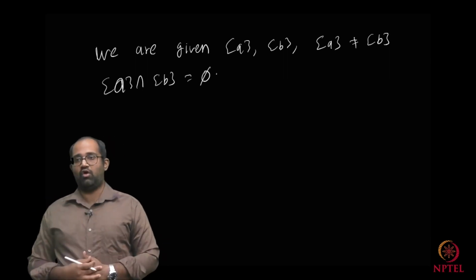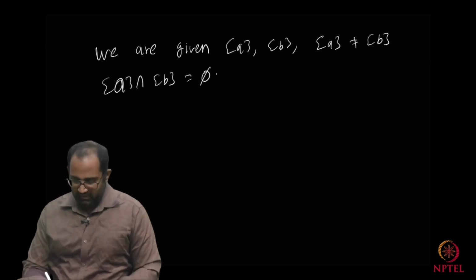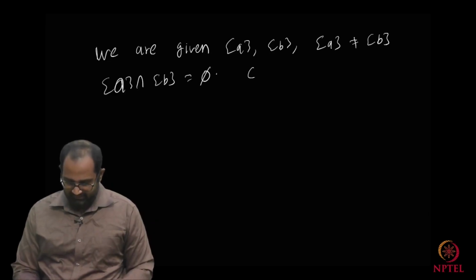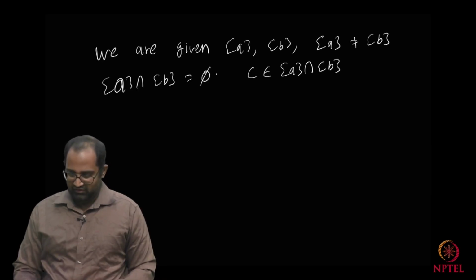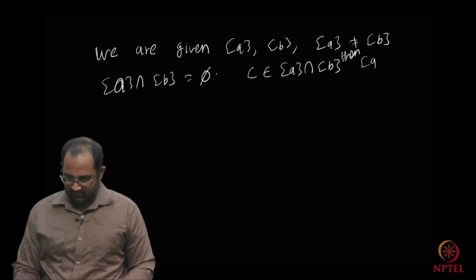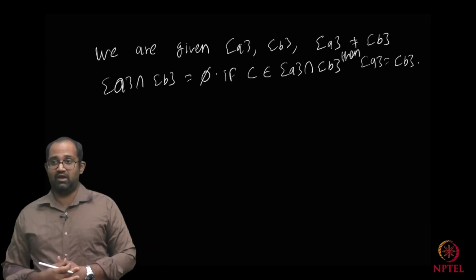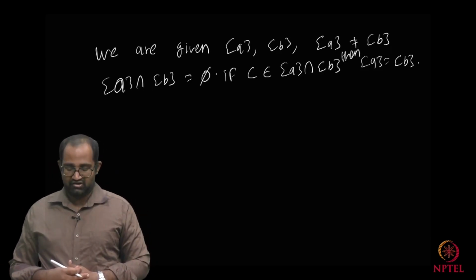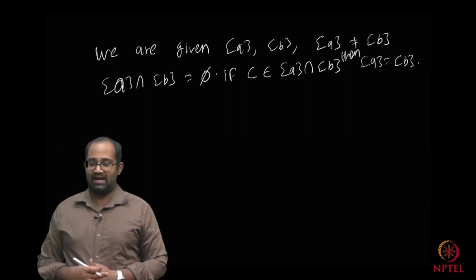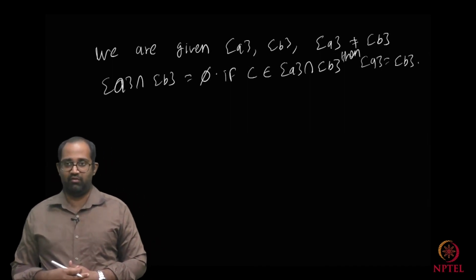What we will show is the contrapositive. We will assume that there is an element C which is in A intersection B, and then we will show that if C is there in this, then A is in fact equal to B. Note, this is not a proof by contradiction, I am proving by contrapositive. I am going to show that if the intersection is not empty, then A is actually equal to B. This is a proof by contrapositive.